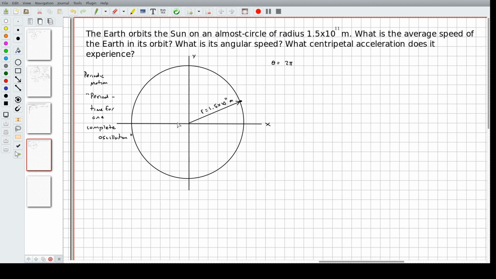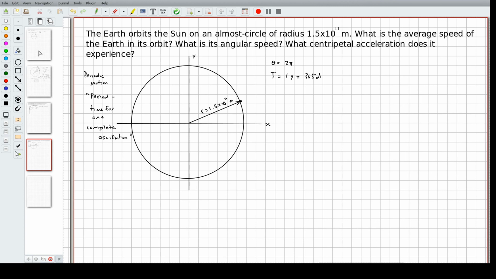Okay? So for the Earth, we know that its period, which we're going to denote by capital T, is 1 year, or 365 days, or however many seconds that is, which we're actually going to calculate.